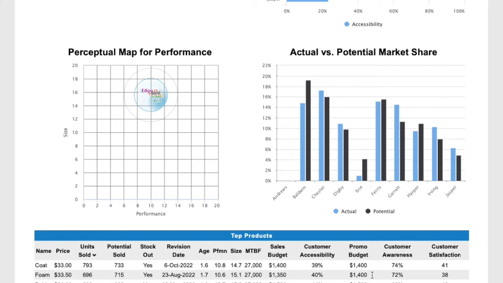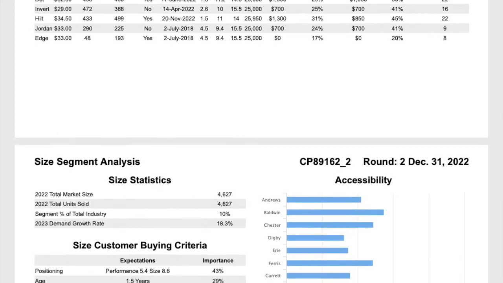That's good projection, because other teams that I find have put about 4,000 to 5,000 here, and that's really too much. But we can see that with this much budget we can reach here, but if you increase a little bit more, then we'll reach more customer accessibility and awareness.